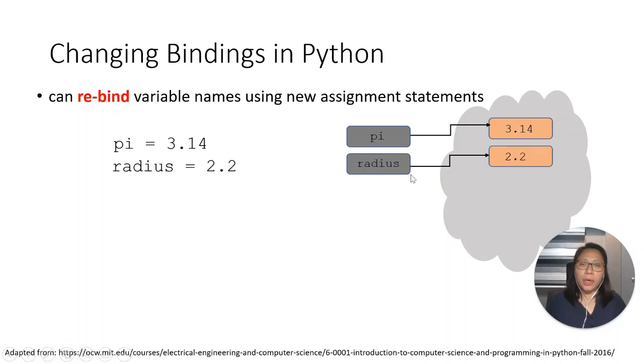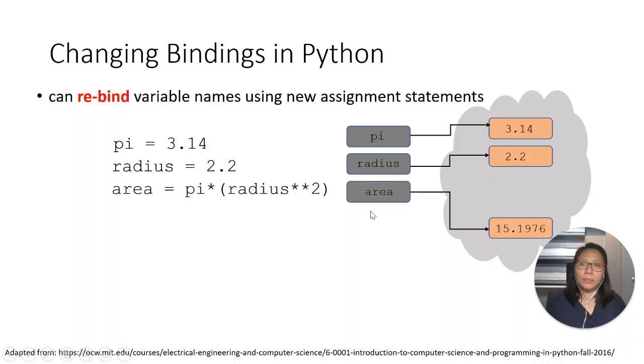And then the name radius binds to 2.2. And on the third line, we have area equals pi asterisk, inside parentheses radius double star 2. This has to be evaluated, and then the value will be assigned to the variable name area.